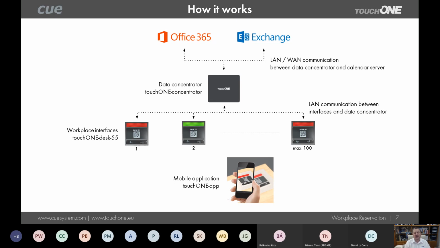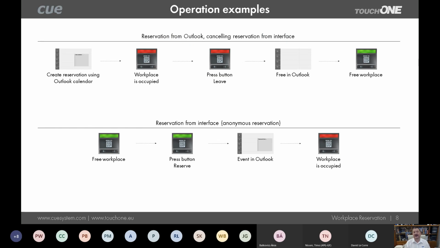If you are close to the workplace, you can scan the QR code, the dialog is prepared for you, and then you can select the time for which you want to reserve such a workplace. So that's a very, very great, helpful tool. I will show you a little bit more details on one of the next slides.